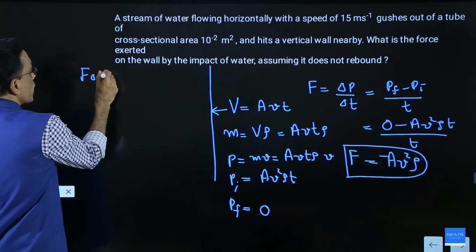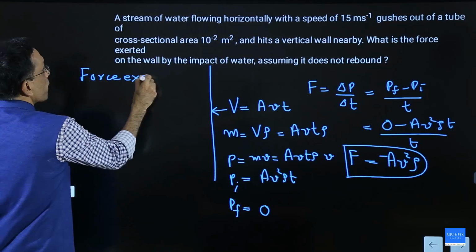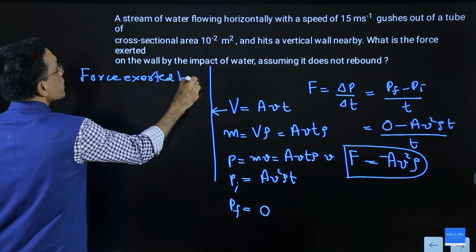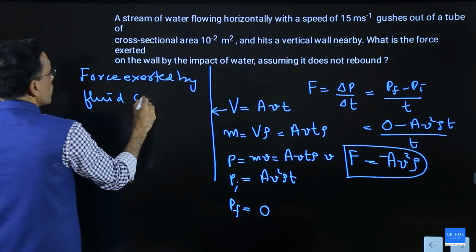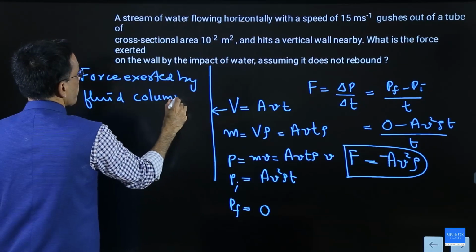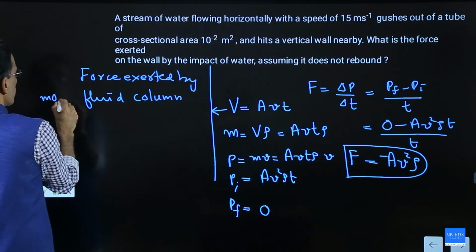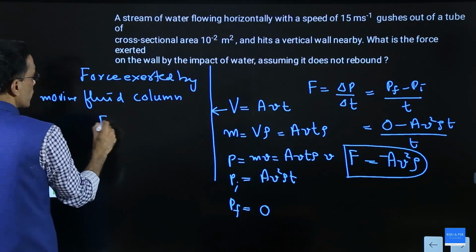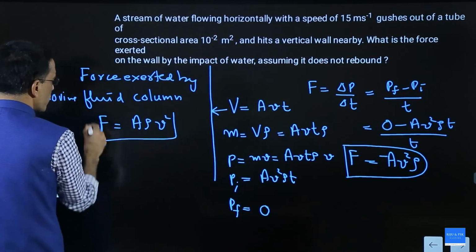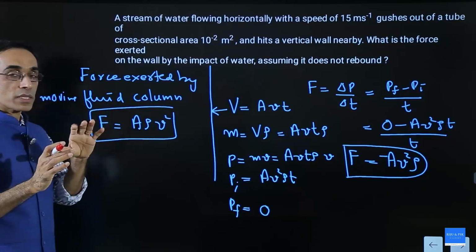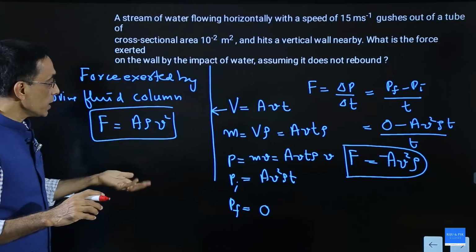Force exerted by moving fluid column, F is given by A rho v square, where A is the area of the cross section, rho is the density, v is the speed.